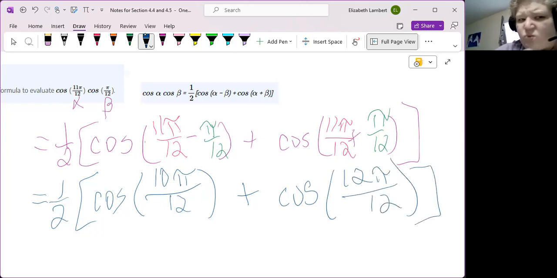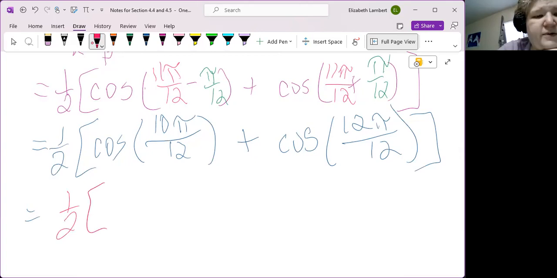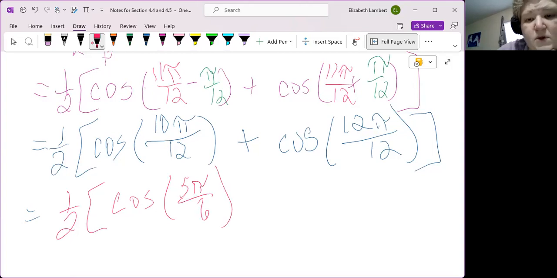So initially, we don't have 12ths on the unit circle, but we do have 6ths, which is what our first one is going to reduce to. Still with the 1/2. So this is now cosine of 5 pi over 6, which we can look up, plus the cosine of pi.